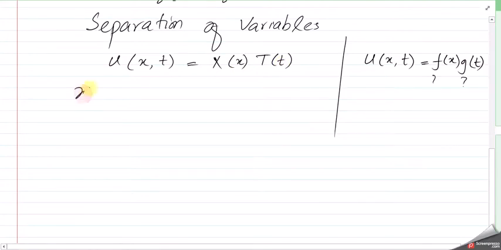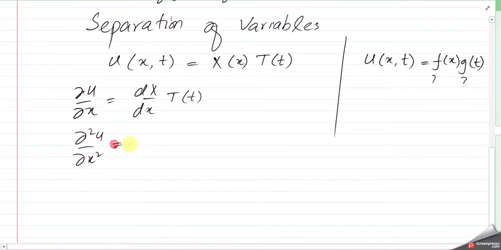Now we find partial u by partial x, because in this case T will be constant and X only depends on x, so that will be dX by dx, and T will be as it is. And if we differentiate one more time, that will give d2X over dx squared. Again, note that our capital T is only a function of t.